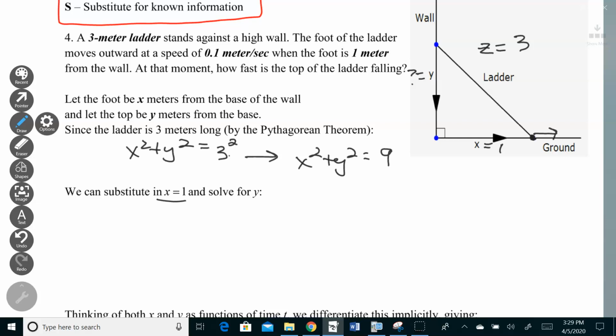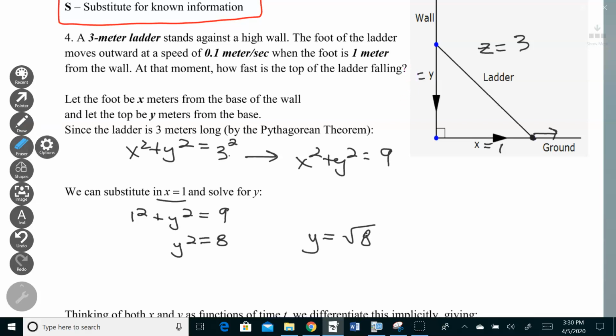I'm going to plug in 1. So 1 squared plus y squared is equal to 9. Y squared is equal to 8. So that side y is equal to the square root of 8. So I know my 3 sides of the triangle.